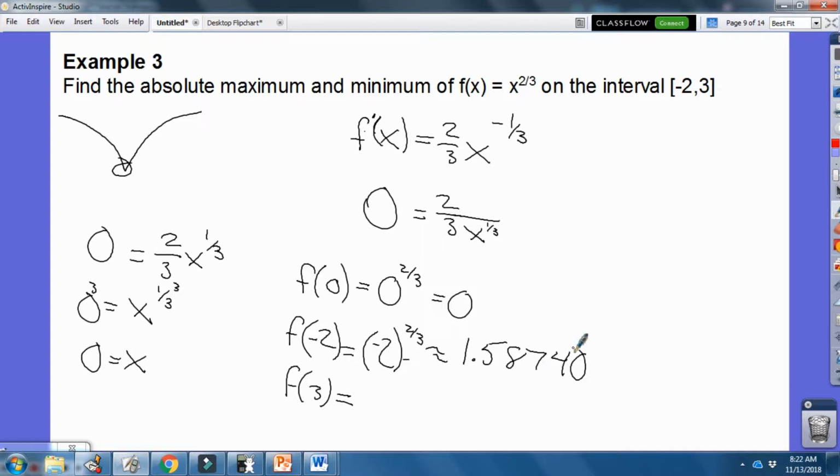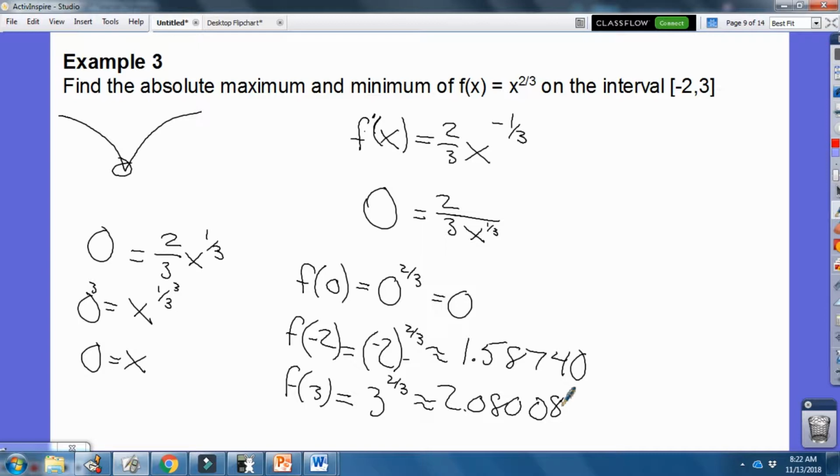It is positive because I'm squaring it. And let's also look at 3 to the 2/3 power, which is about 2.08008.